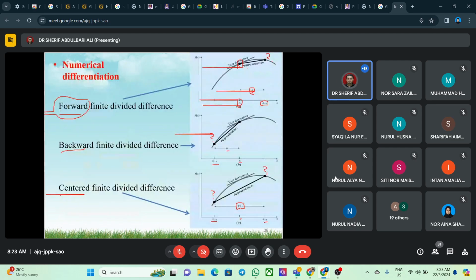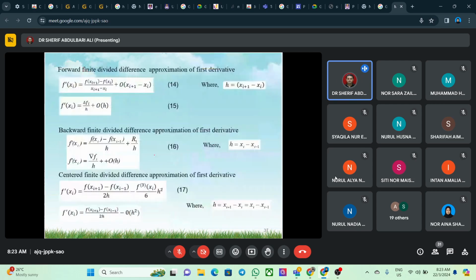Remember, for the forward finite divided difference, you are talking about x to x plus 1. So to predict the derivative, it's the function of x plus 1 minus the function of x, over a single step size, which is considered h, the step size. For the backward, it's the function of x minus the function of x minus 1, over the step size.